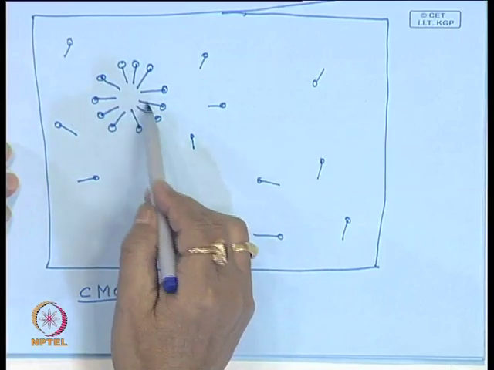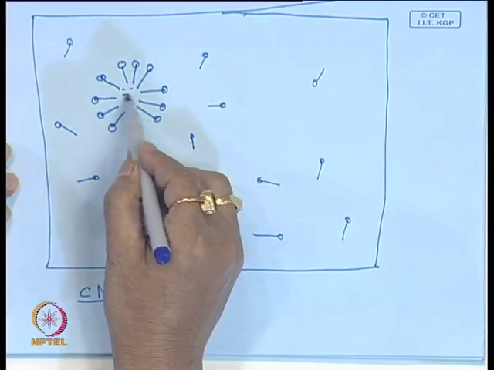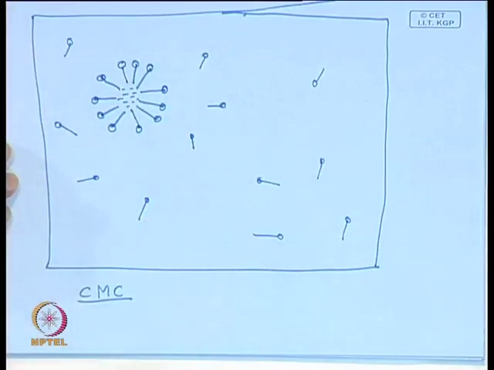Then we add monomer, or we can add both the monomer and emulsifier molecules or soap molecules simultaneously. What will happen? As soon as you add the monomer and the soap micelles and start the agitation, fine droplets of monomer will be formed, and eventually those monomer droplets will be enveloped, covered by these soap molecules like this. So, we can assume that inside this micelle there are monomer molecules present.